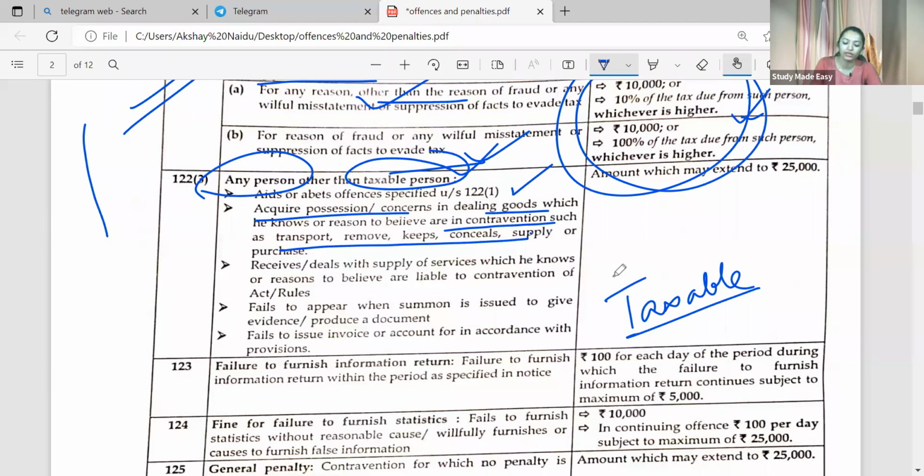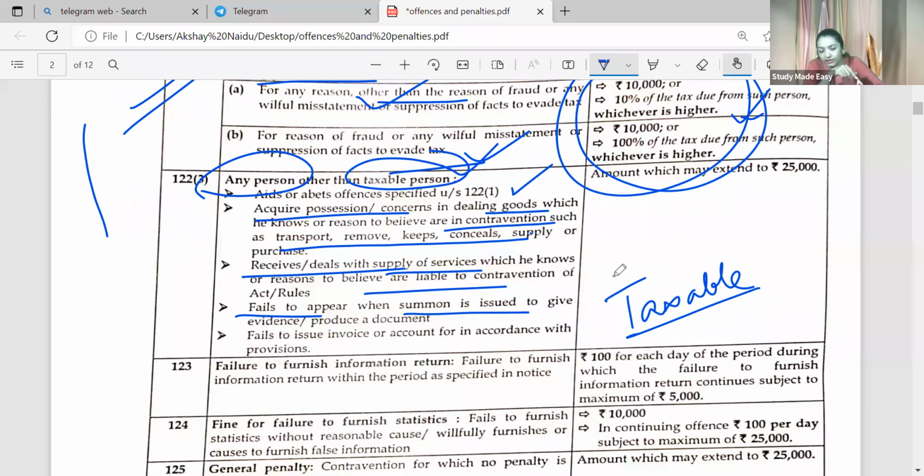Contravention means you are removing something, or you fail to appear when a summons is issued to you, or you receive or deal in a service you know is in contravention. Either contravention means goods ka dealing you are doing under contravention, service you are doing under contravention. तुम सर्विस का सप्लाई करते हो, contravention of the act. Goods either transport, store, remove, keep, contravention. Summons issued, you are not appearing for the summons.